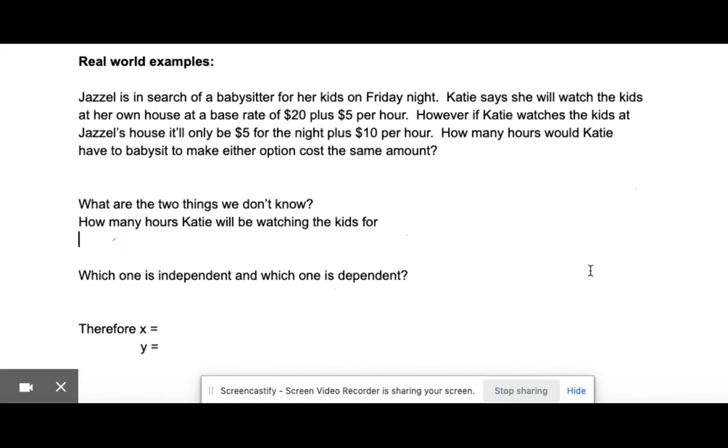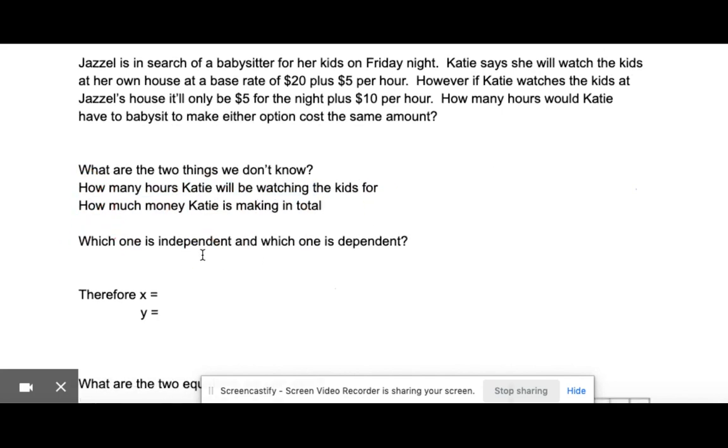The other thing we don't know is how much money she, Katie, is making in total. Because we don't know how long she was there for, so we don't know how much she's making. It depends. It could change, right? The amount she makes changes based on how long she watched them.